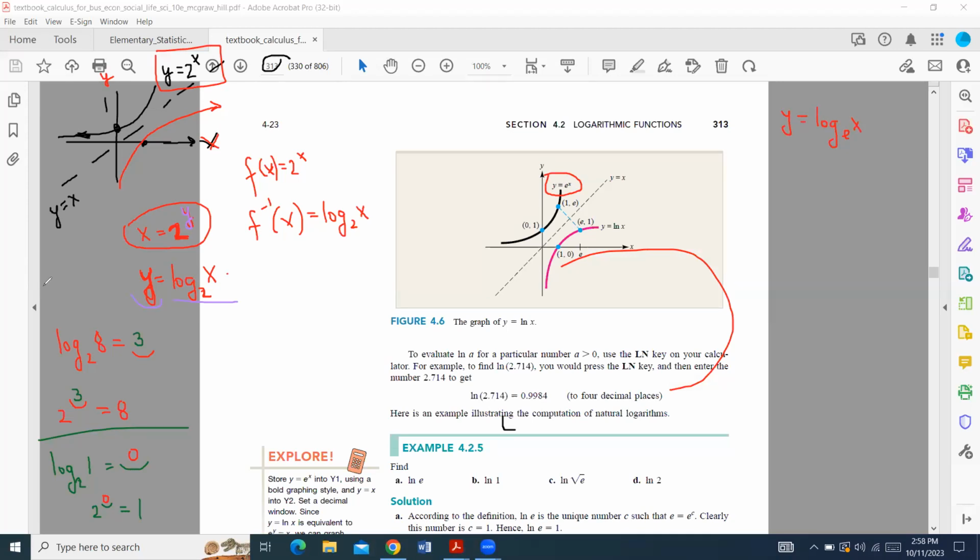Let's see, why do they do that? Well, I guess historically they all agreed on calling it ln, so, well, we use ln. But it should be logarithm base e, just like here, the inverse function was a logarithm base 2 of x.